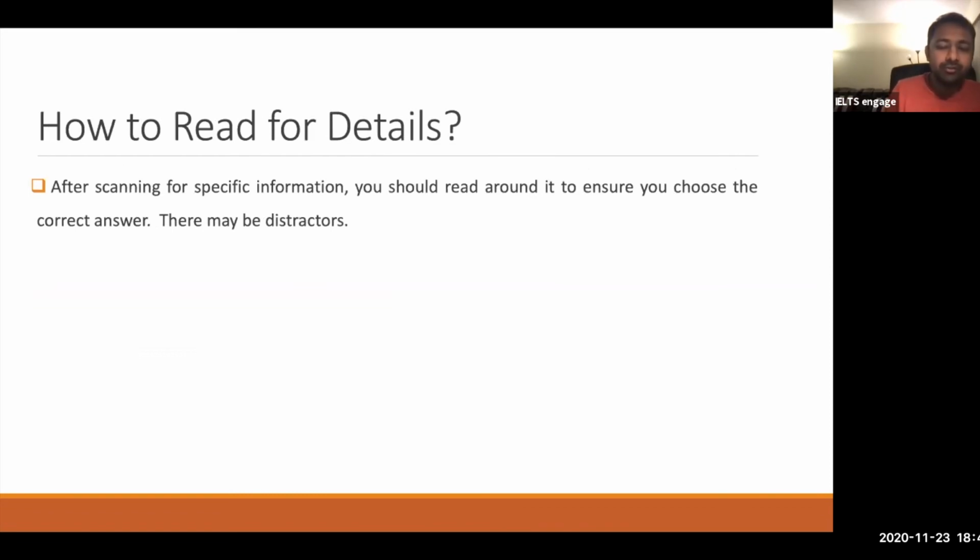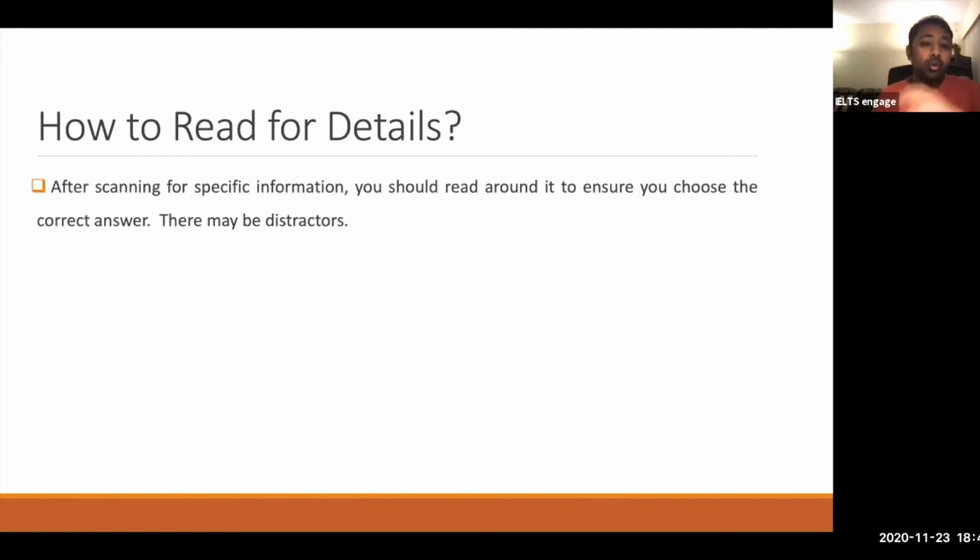How do we read for details? Here's where a combination comes into play. We scan for specific information, but since we don't have a lot of time to read the entire passage in detail, when we look at a question, we know what it's asking for, what term or what idea it's looking for.